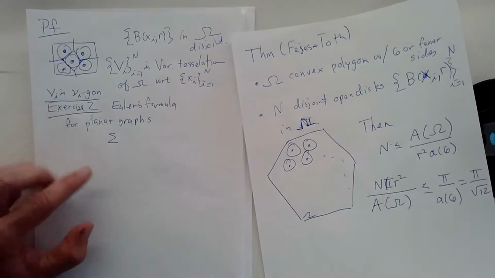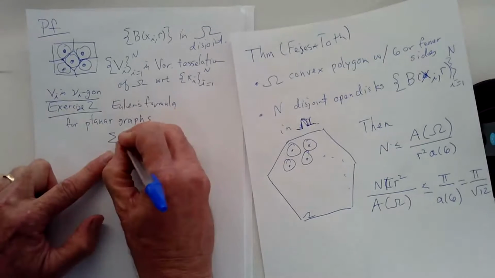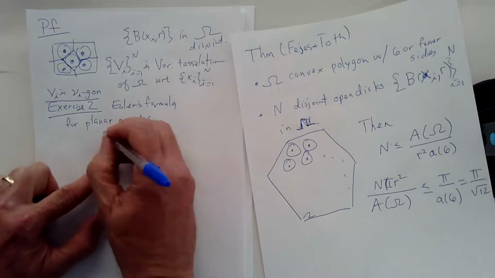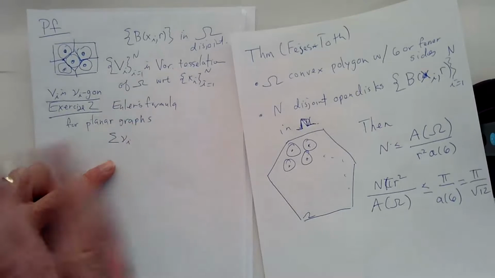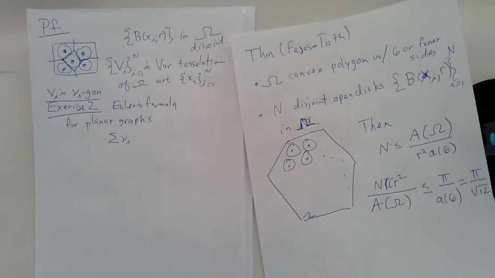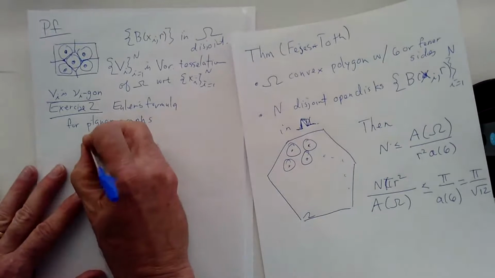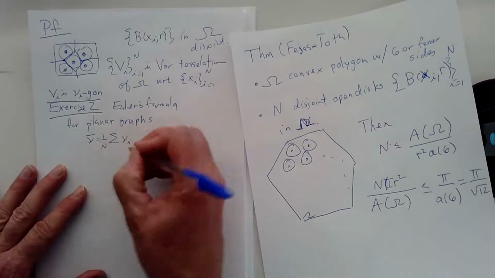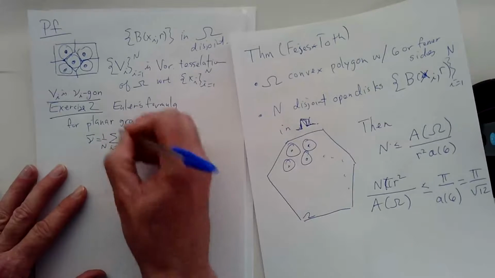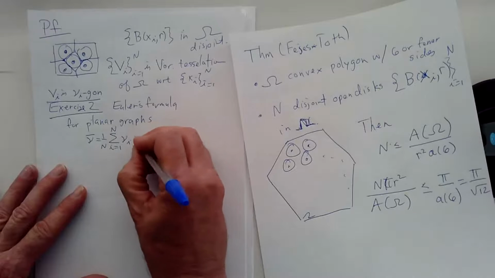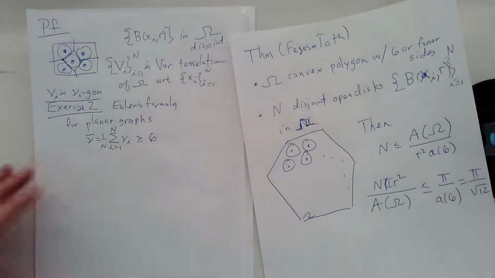What we know from Euler's formula, you can write it a couple of ways. I'm going to write it as the average of nu, which I'll call nu bar, equal to 1 over n times the sum from i equals 1 to n of nu_i, and the result is that it is bigger than or equal to 6.